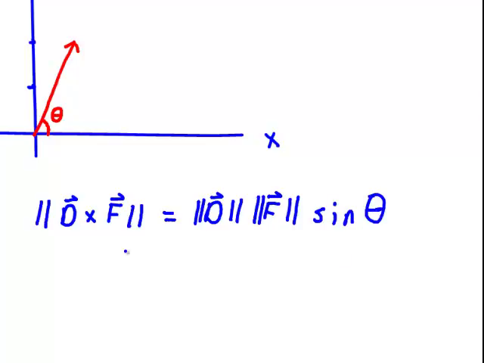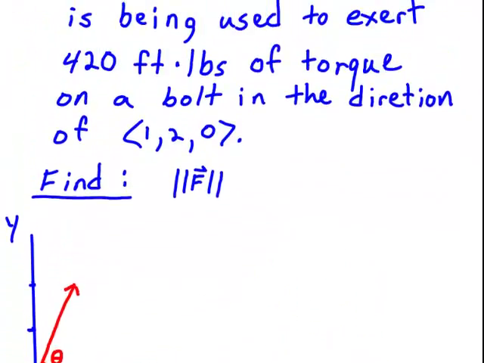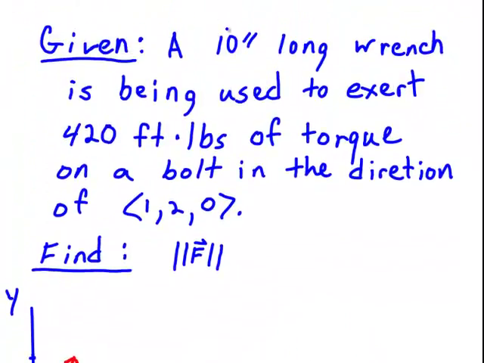Well, here's the thing. We know the magnitude of the torque vector is 420. The wrench is 10 inches long, but the torque is given in foot-pounds, so we better change the wrench to feet.